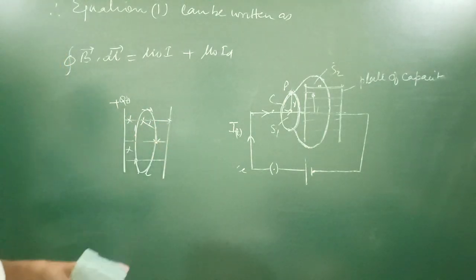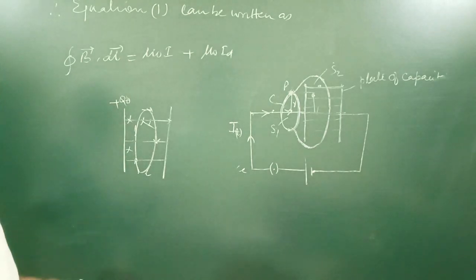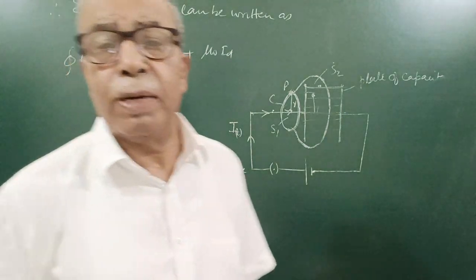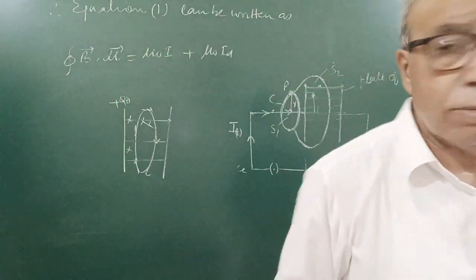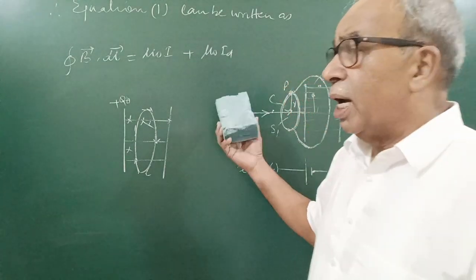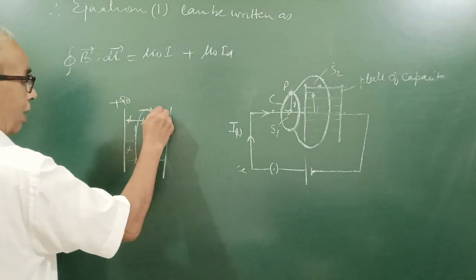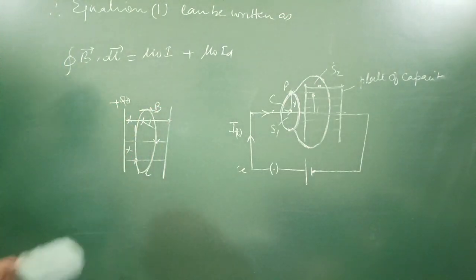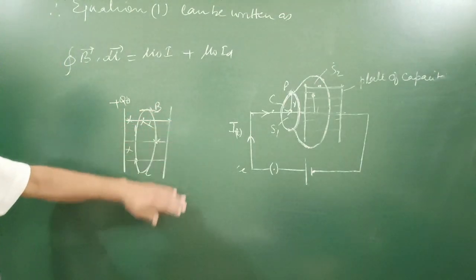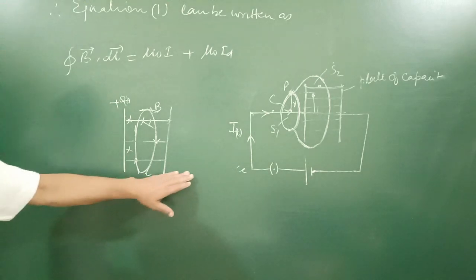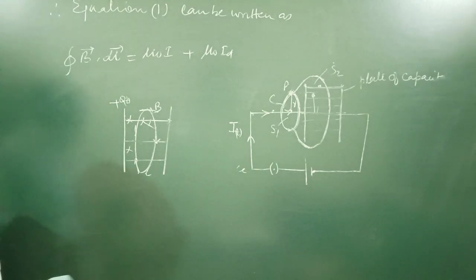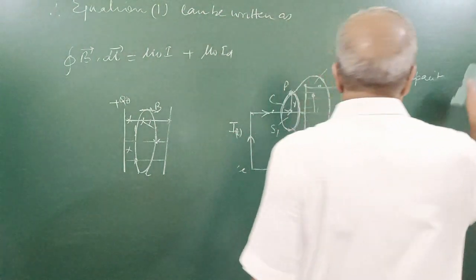So these fields are existing there, electric field as well as magnetic field, which are perpendicular to each other. This time varying electric field produces this magnetic field B. Together, there is empty space or maybe some perfectly insulated medium.